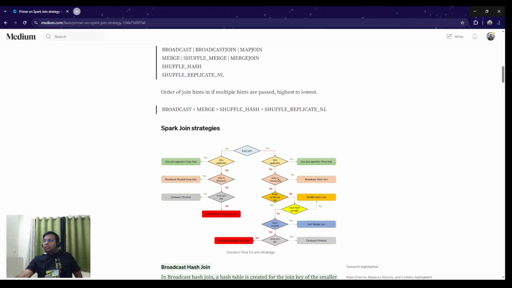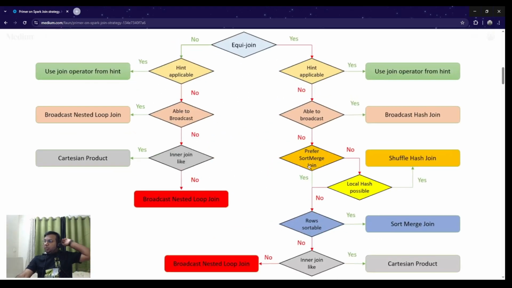If not, then again it will check whether we have the prefer sort merge join flag set. If we have set that flag, it will check whether the rows are sortable or not, because, as I mentioned, the sort merge join will have a sort phase, but if the rows are not sortable, there is no point of doing that.